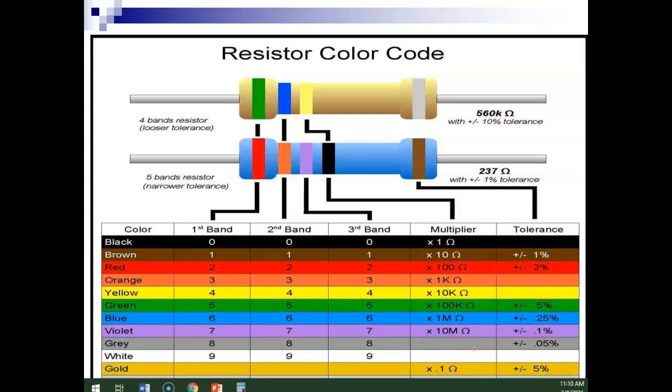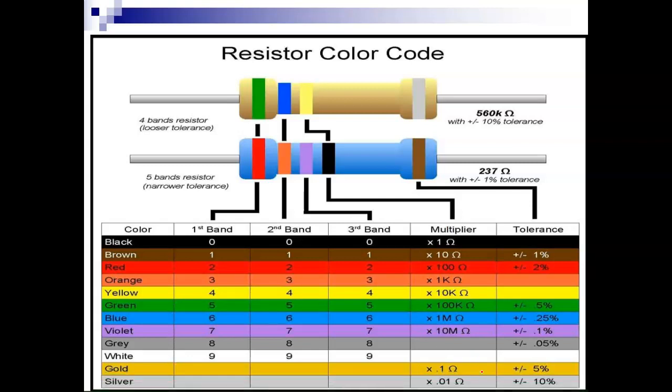Where gold and silver tend to come in a lot is the multiplier bands, where you're multiplying by 0.1 or 10 to the negative 1 for gold, and for silver it's 0.01 or 10 to the negative 2. Then we get to tolerance bands. You have brown 1%, red is 2%, 0.5, 0.25, 0.1, 0.05, 5%, and 10%.